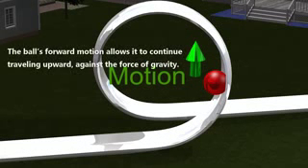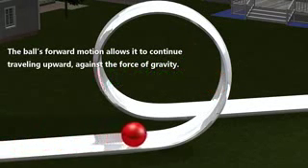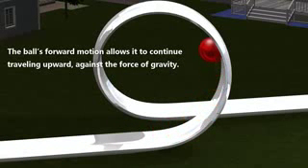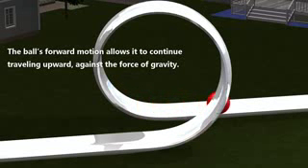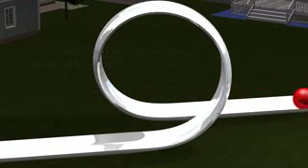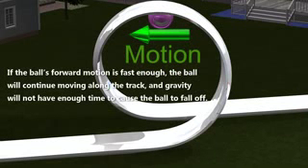The ball's forward motion allows it to continue traveling upward against the force of gravity. If the ball's forward motion is fast enough, the ball will continue moving along the track, and gravity will not have enough time to cause the ball to fall off.